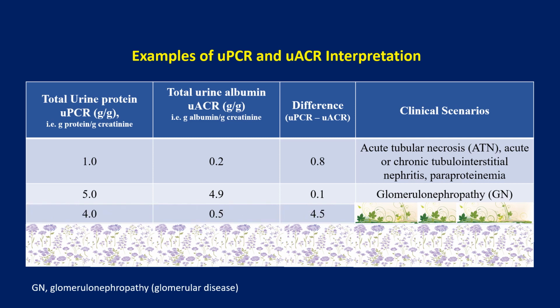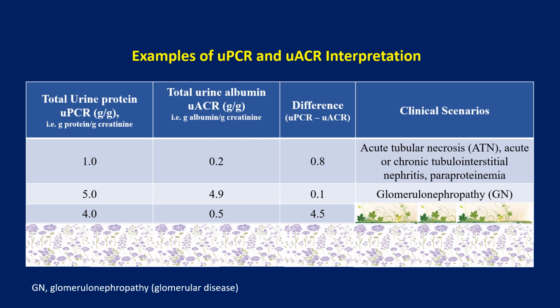Third patient, PCR of 4, ACR of 0.5. There is a high degree of proteinuria that is not made up of albuminuria. Where does this protein come from? Tubular proteinuria is typically less than 1 to 1.5 gram per gram of creatinine.